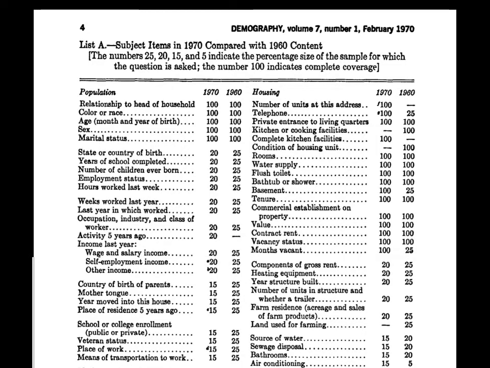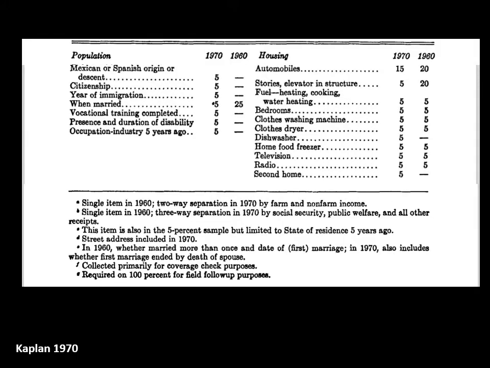There is a very nice table in this reference source which shows you the difference between the 1960 and 1970 census and the sorts of information that was asked. And this, I think, is from Kaplan. Yes, Kaplan 1970. And if you're interested in this aspect of the 1970 census, I highly recommend getting that reference.